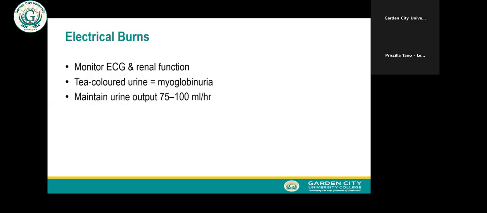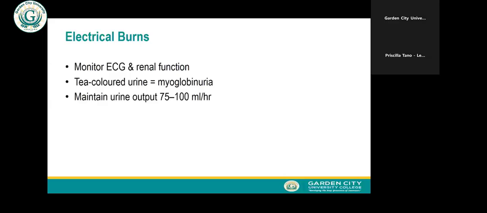We also want to do renal function tests, because electrical burns are mostly full thickness burns and the muscles are involved. That is why there will be myoglobin produced, and in combination with hemoconcentration, patients will be at risk of acute tubular necrosis.